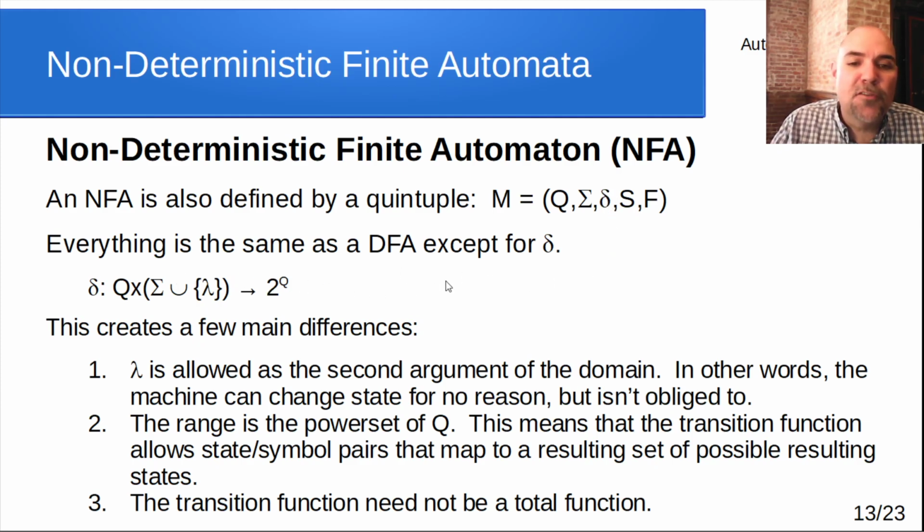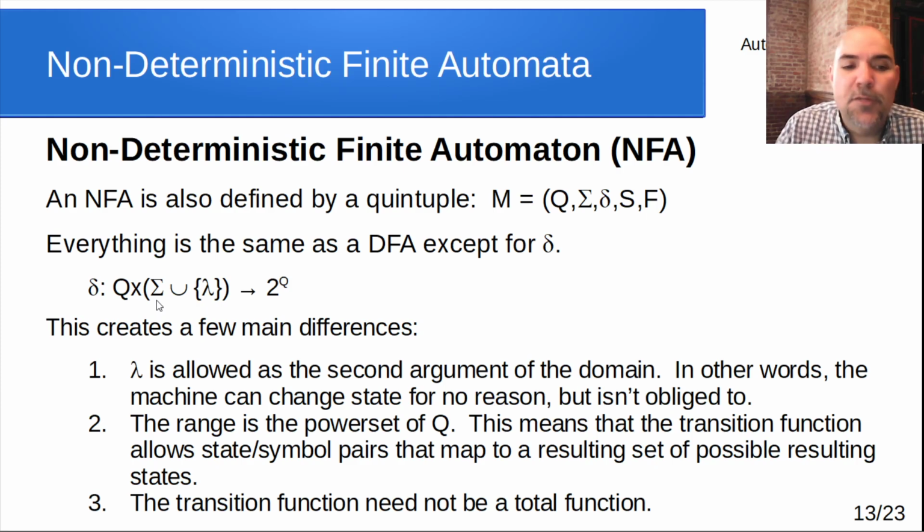And the way we construct the transition function for an NFA is as follows. The transition function is we cross Q with the alphabet, but we also allow lambda. So the only difference here in the domain is we've added lambda to our input alphabet. So we're allowing the empty string to cause transitions in our function.